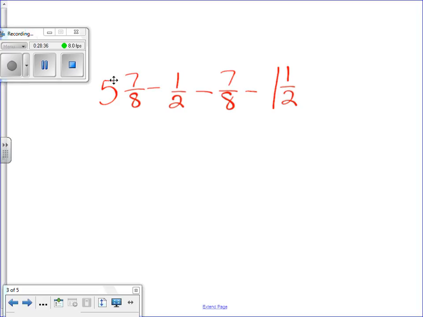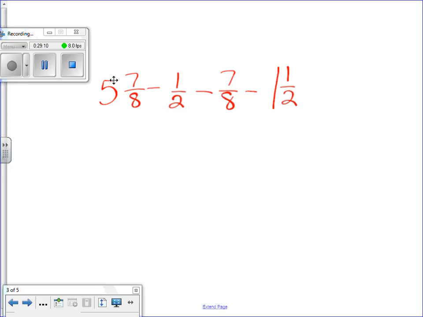When you're subtracting down the line, you have to go left to right. Order of operations, left to right, because you're subtracting everything from 5 and 7/8. 5 and 7/8 is your big number. It dawned on me this morning why some people missed that one problem on the test.